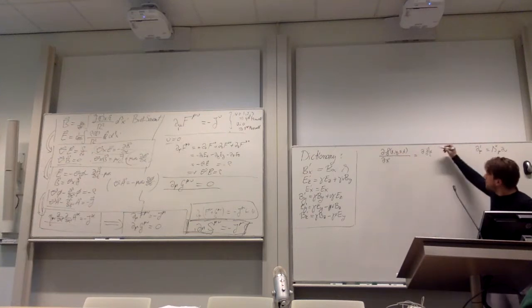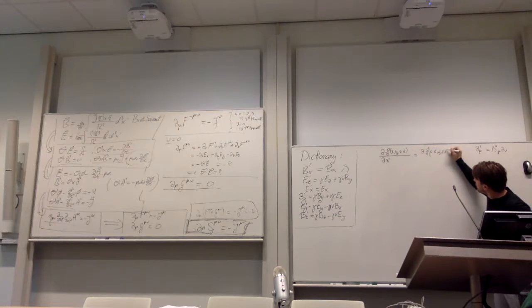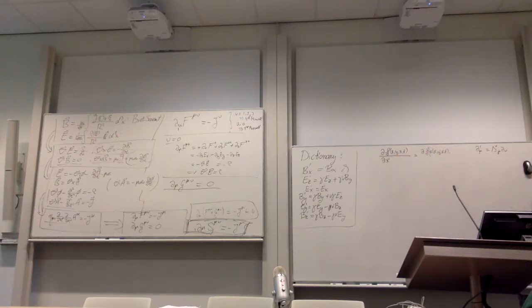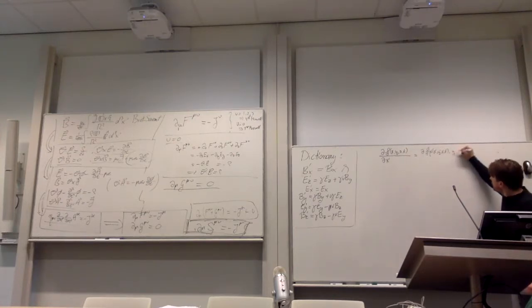This x will depend on the other guy's x. Do you agree with this? That this x is a function of the other guy's x primes? It just states that if you have one guy's x, you know how to write it as the other guy's x. We know how to do it. That's the Lorentz transform itself. And very long notation. Well, let's write it out in full.